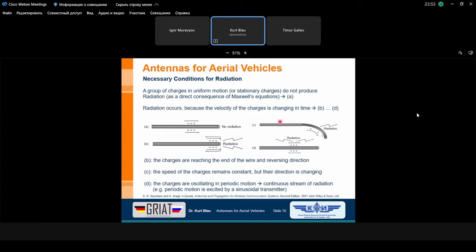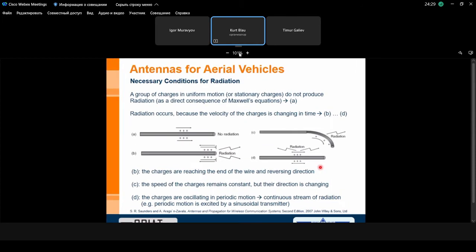Another possibility of exciting radiation on a wire is if we have a constant current flow and we, in a very short time, bend the wire 90 degrees or another angle. It means a time change in direction of current flow, and then we also cause a radiation. And this is the standard case: we have a wire, and through the wire is flowing, for instance, a sinusoidal current, and the time change is given by the waveform of the current.